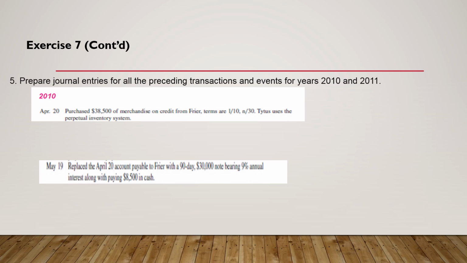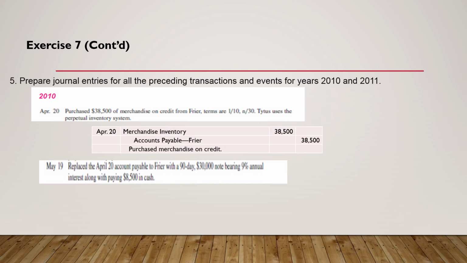Okay, let's focus on the entry we need to record for this transaction. I just purchased merchandise on credit. Merchandise is merchandise inventory, an asset. So I'm going to debit merchandise inventory, and not credit cash because I haven't paid cash. I've taken them on credit. So credit accounts payable, as we can see here.